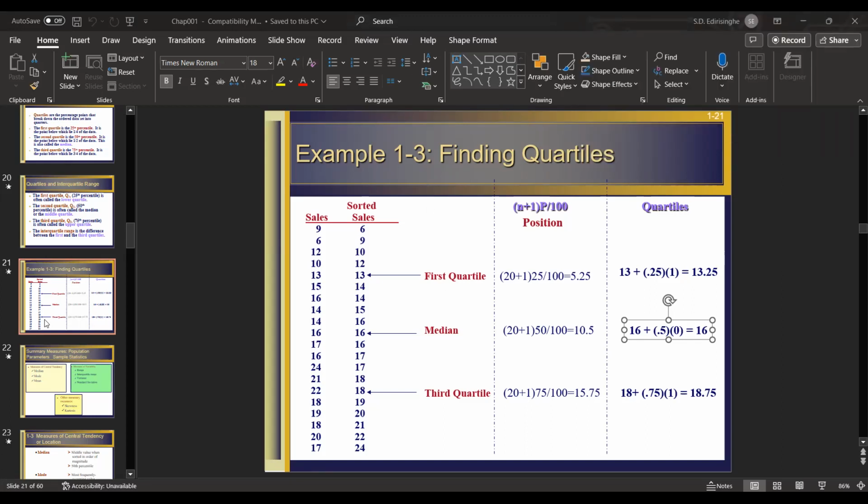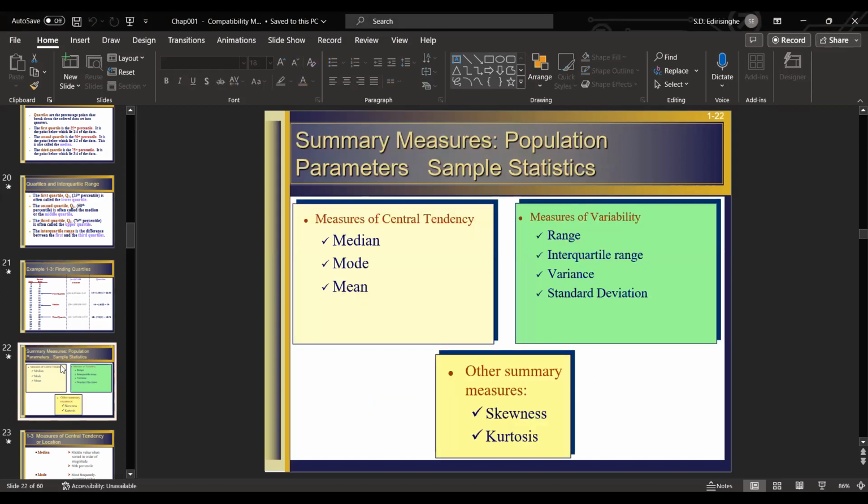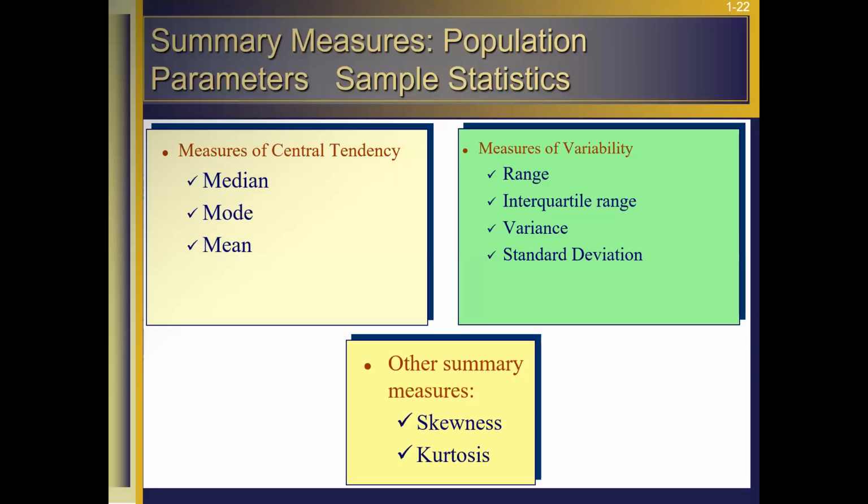Next, I want to introduce you to another important topic to get an understanding of statistics: summary measures, population parameters and sample statistics. There are some summary measures. First, I will introduce measures of central tendency, that is median, mode, and mean.